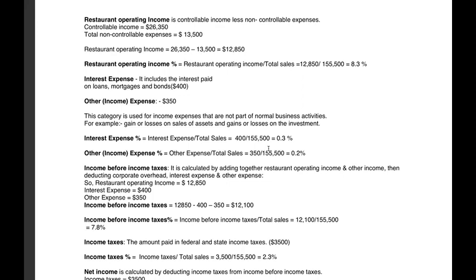Next is income before income taxes. It is calculated by adding together restaurant operating income and other income, then deducting corporate overhead, interest expense, and other expense. So let's go up.